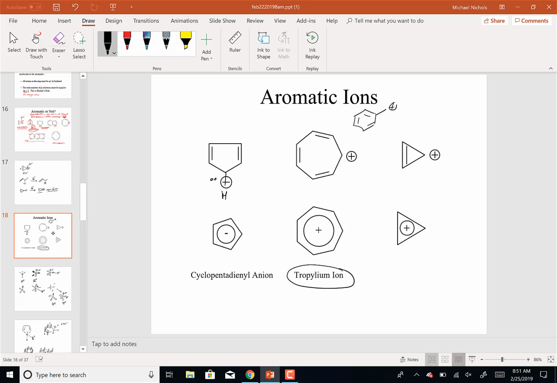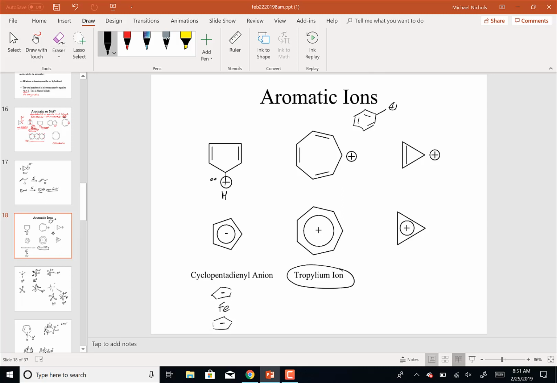Cyclopentadienyl anions are actually quite easy to make. Sometimes you will see them. The most famous case is that they like to be sandwiched. They form sandwich compounds, where you've got 2 cyclopentadienyl anions with an iron in between.